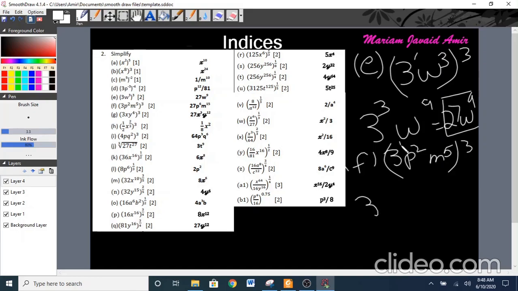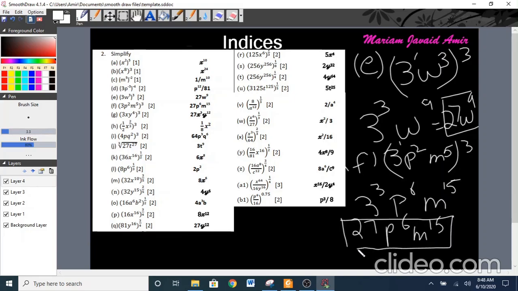We get 3 power 1 times 3 is 3, p power 2 times 3 is 6, m power 5 times 3 is 15. So we get 27 p power 6 m power 15 for part F.